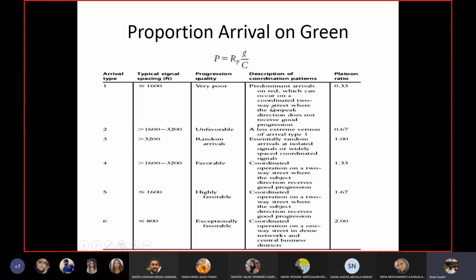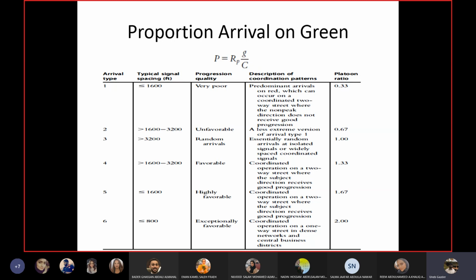We can have it on a coordinated two-way street where the non-peak direction is not receiving good progression. So we have two directions, right? Both directions are coordinated. Two-way coordinated means both directions are supposed to be coordinated, but one of them is not receiving green time according to its progression.